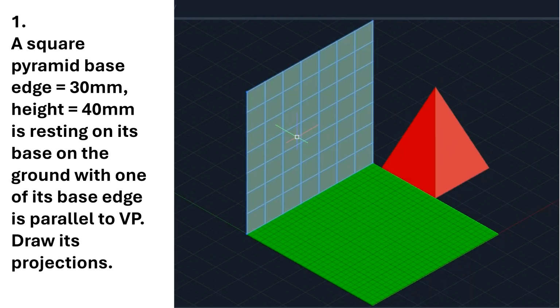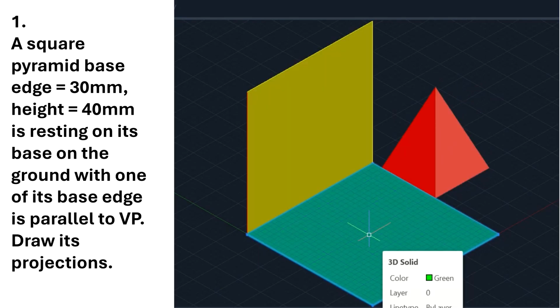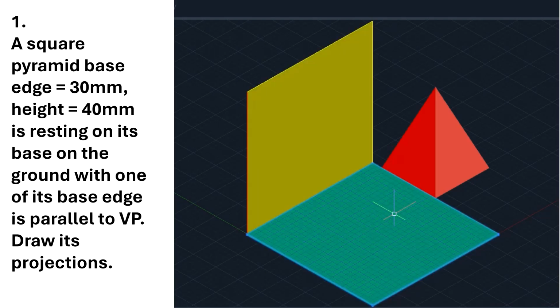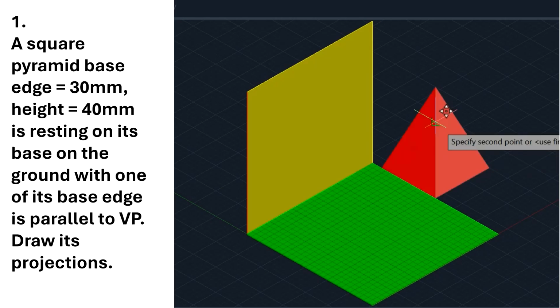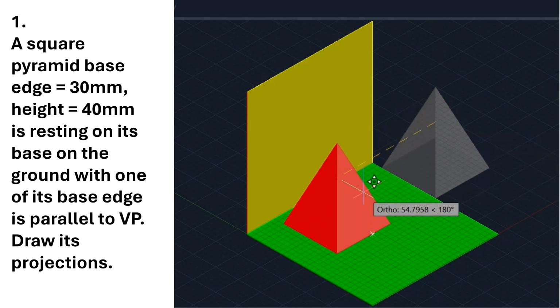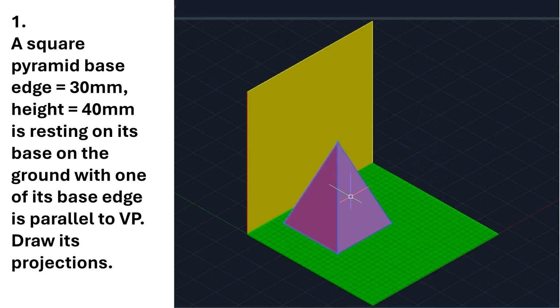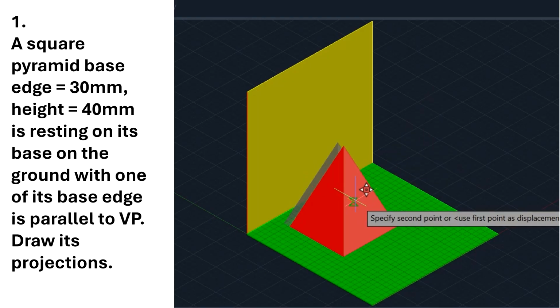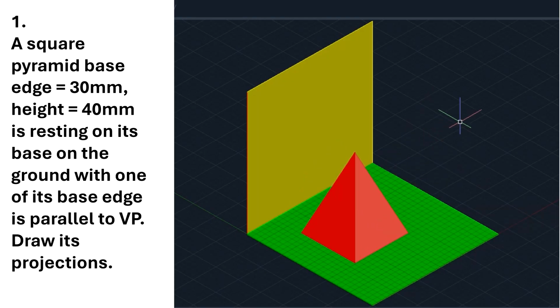This solid I need to first place between the planes of projection. This is the vertical plane, this is the horizontal plane. I will move it approximately somewhere here, and in order to see the projections properly, I will move away from this. So this is the correct position of the solid.